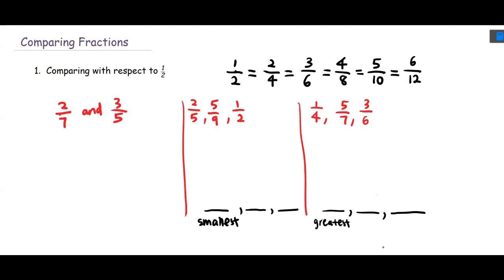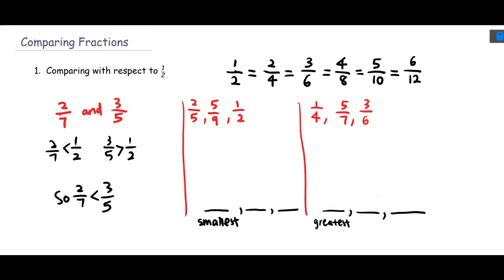So immediately, because I know 2/7 is less than half and 3/5 is more than half, I know that 2/7 is less than 3/5. Do you see how we did this?